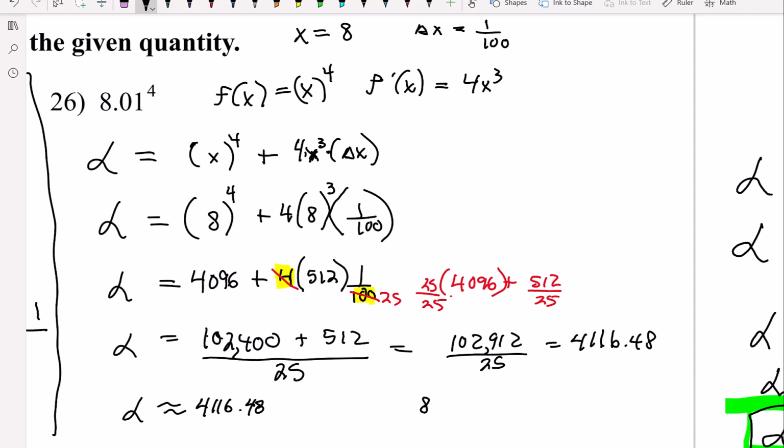Well, if you take 8.01 to the fourth power, it's 4116.518. So that's pretty close, using the linear approximation. I was getting a little bit nervous about these numbers, so yep, it worked out okay.